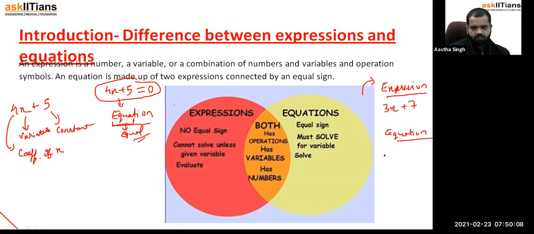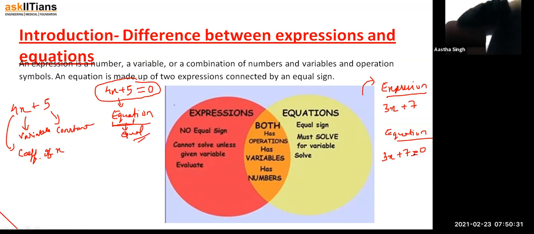will write the same. 3x plus 7 is equal to 0. First, we'll study what is common between these two, right?